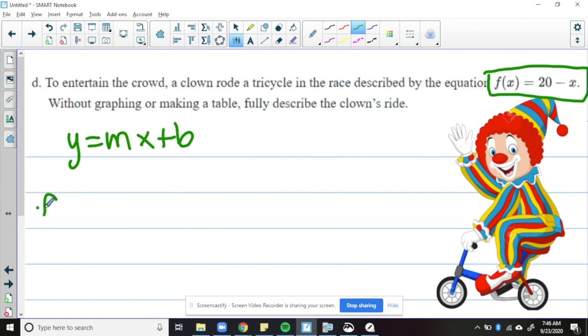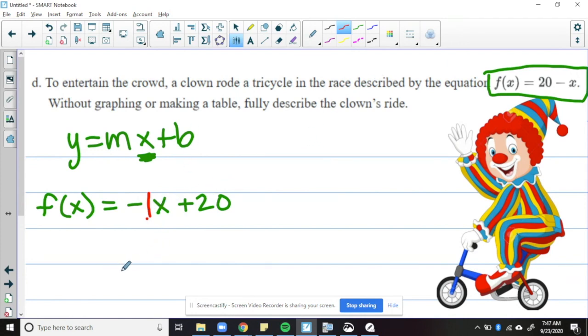So I'm going to rewrite the clown's tricycle ride so that it matches the way this one is written, which means my x comes first: negative x plus 20. Now, if there's no number written in front of this x, it is an invisible 1. That will always be true for anything in front of a variable. If it's not written, it is an invisible 1.